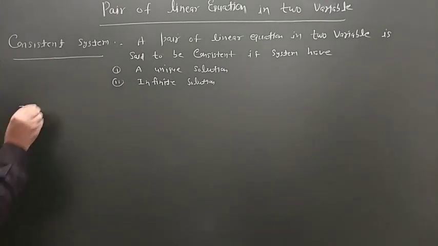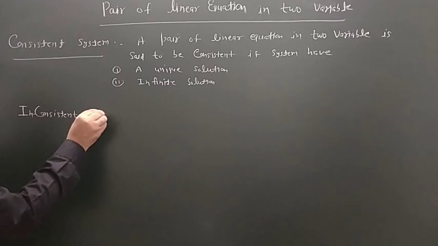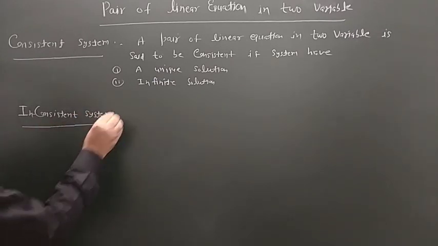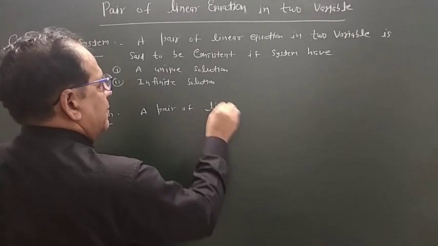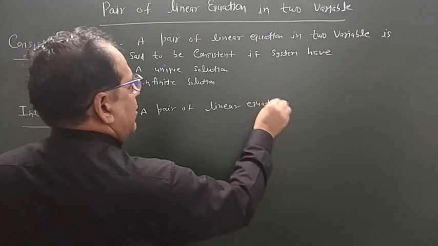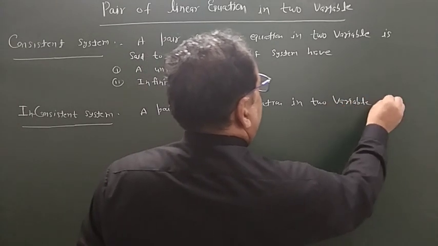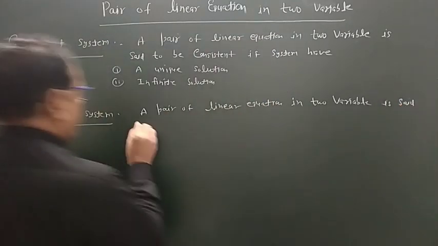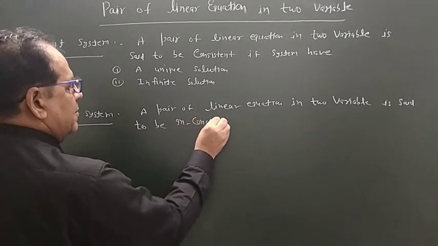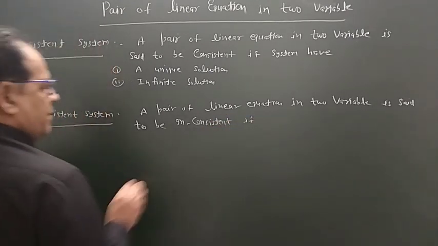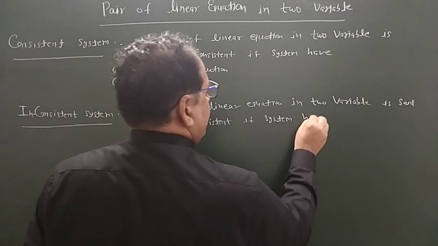Next, inconsistent system. A pair of linear equations in two variables is said to be inconsistent if the system has no solution.